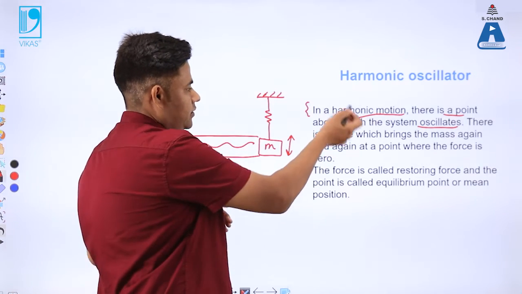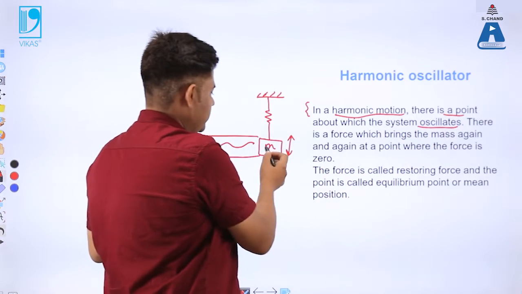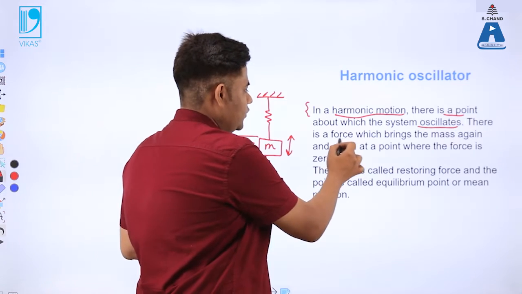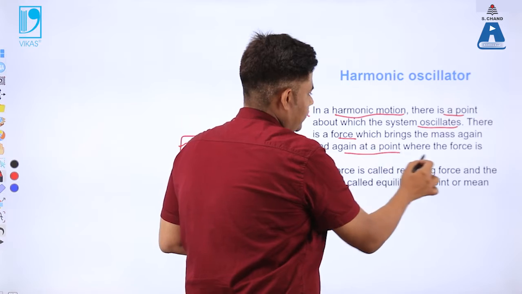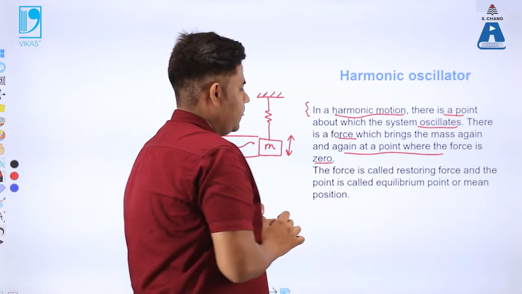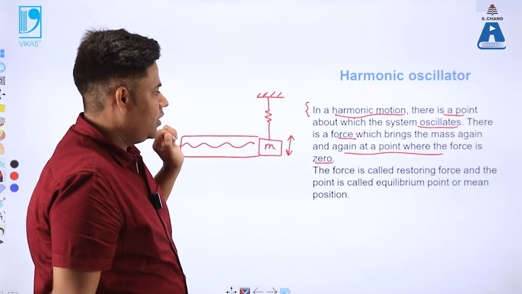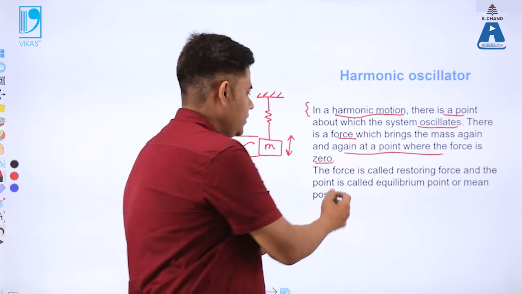So in similar grounds, there is a point about which the system oscillates, and there is a force which brings the mass again and again to the point where the force is 0. So it has a particular force that keeps on restoring the system to the equilibrium position.